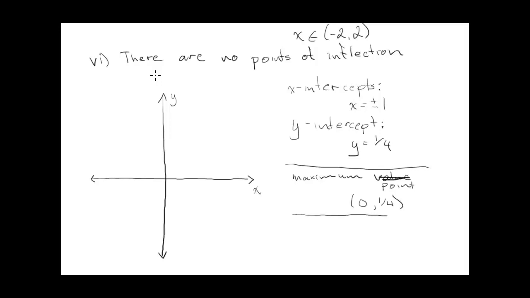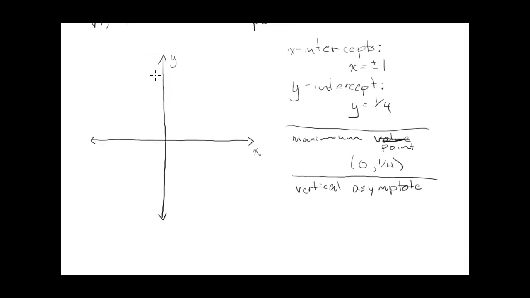And the other thing you can add to these graphs is a vertical asymptote at plus and minus 2, and a horizontal asymptote of y equals 1. So now we'll put all these things on the graph.